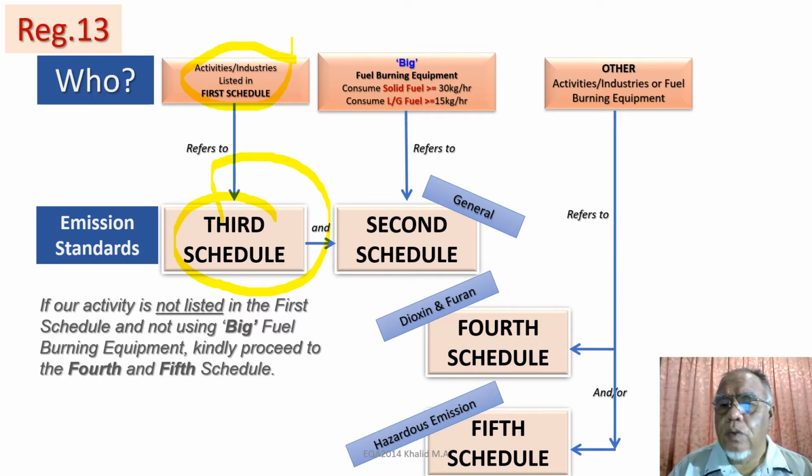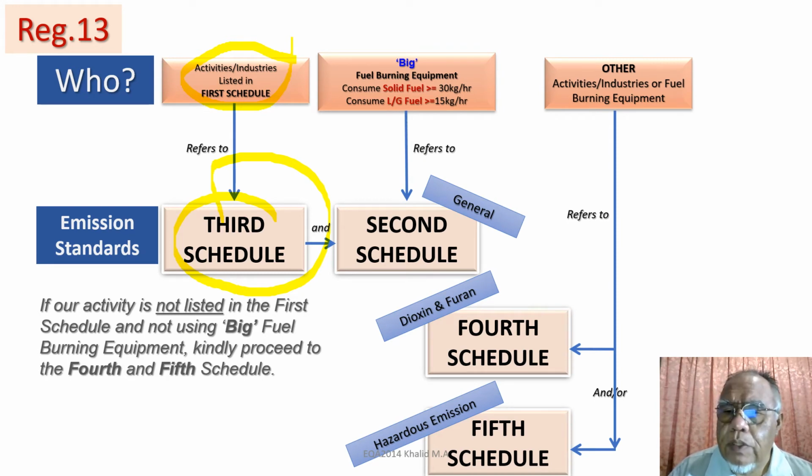It's not related to them anymore because this law has been designed in a way that the environmental parameters stipulated in the third schedule for those activities listed in the first schedule are customized, I would say that.